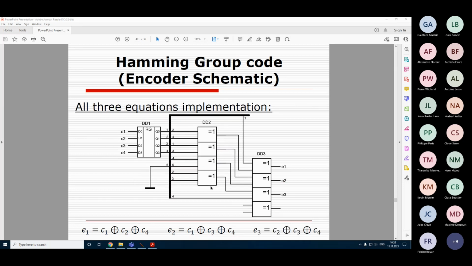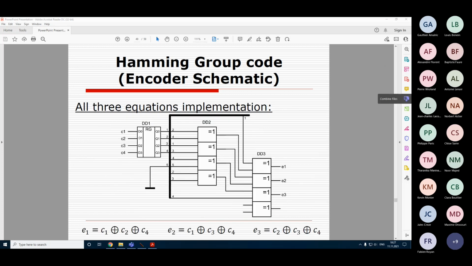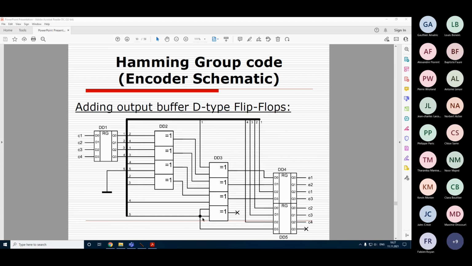And the last equation accordingly adds together C2, C3, and C4. This produces us the third error correction symbol. And these we do not really need. So I connect inputs to 0, to ground, and I leave output unconnected.